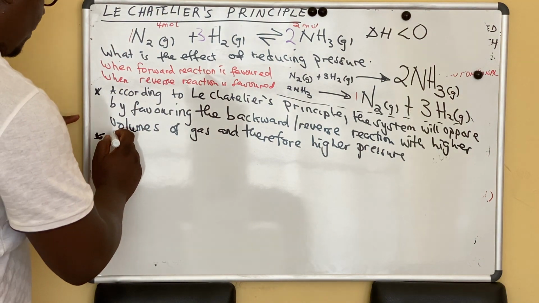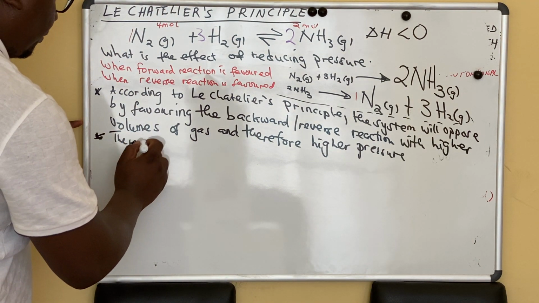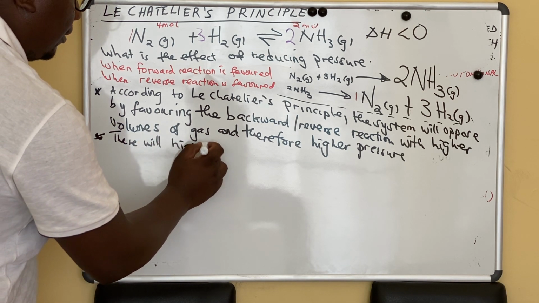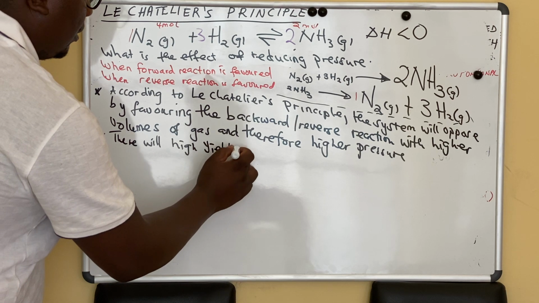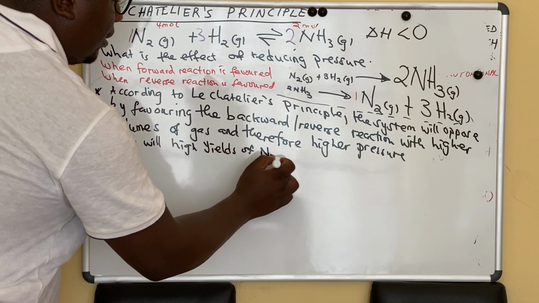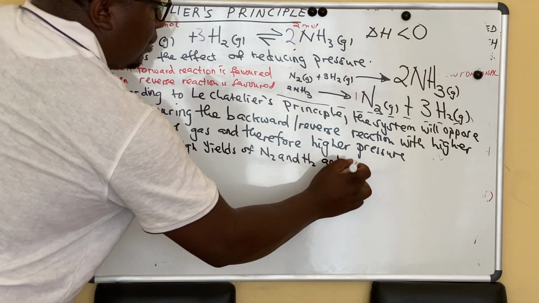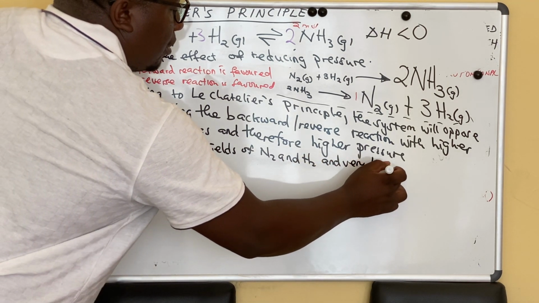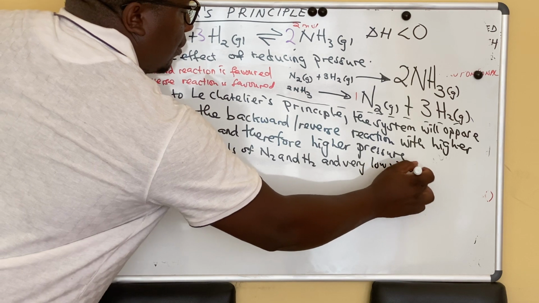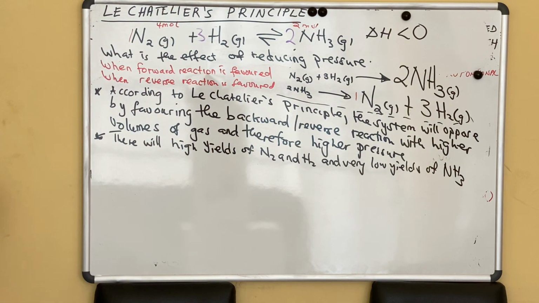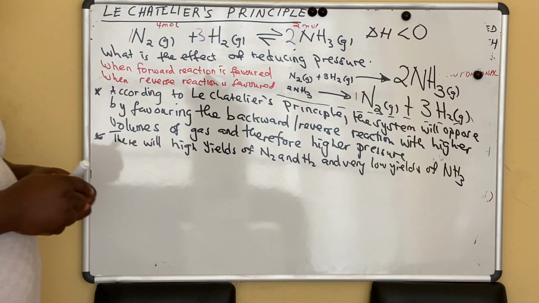We are going to find out there will be high yields of N2 and H2 and very low yields of NH3. So there will be very low yields of NH3.